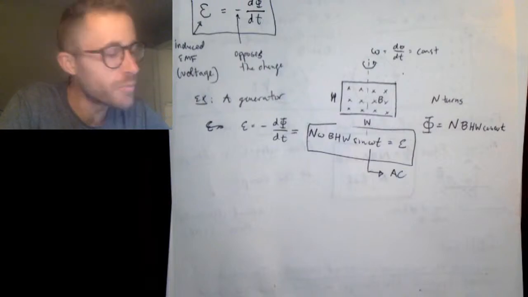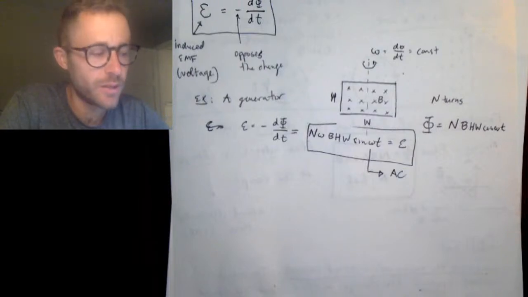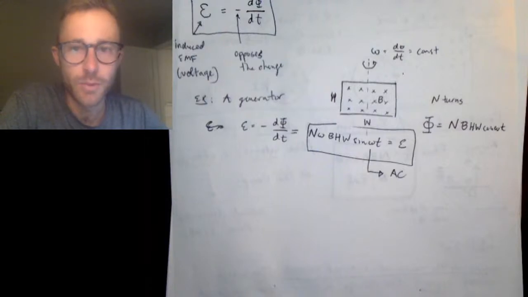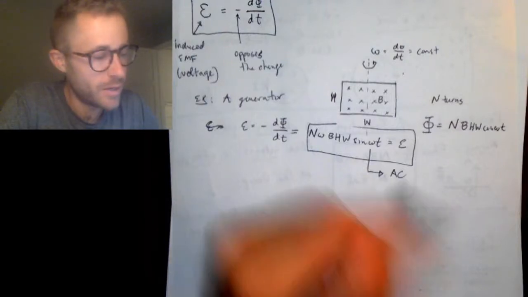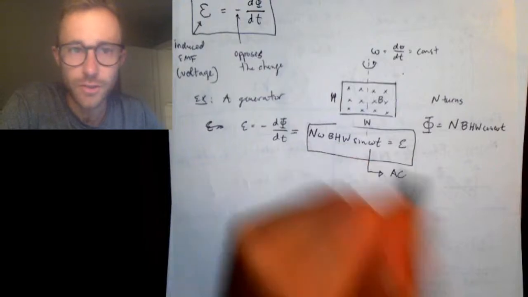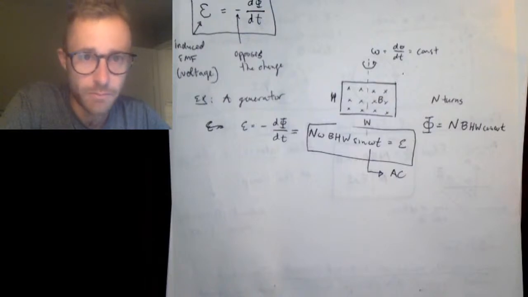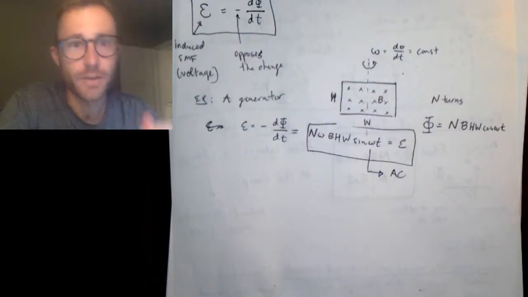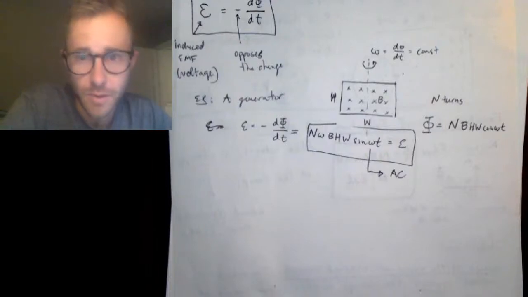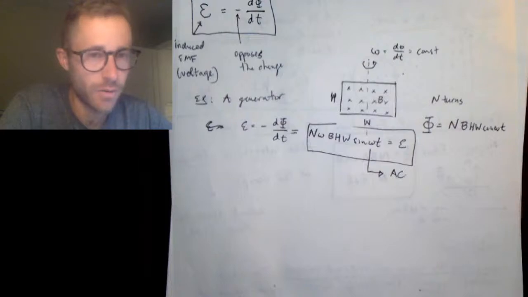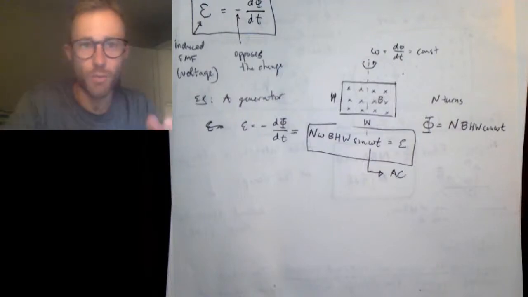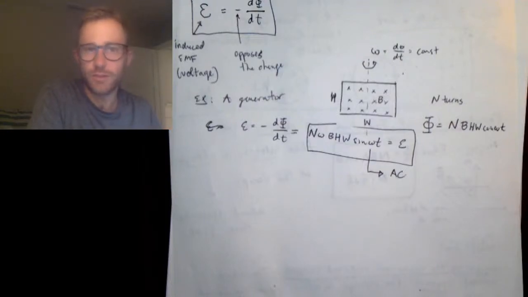So something external is spinning the loop. And we can see that when the loop gets spun, it generates a sinusoidally varying voltage. And that is why our power grid is like it is. It's because this is the method of generating power. So it's like, why change it to DC unless you have to?